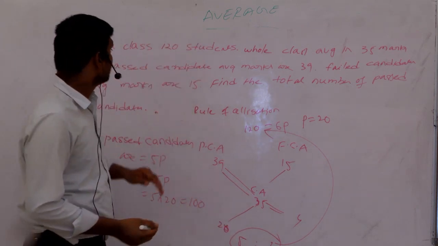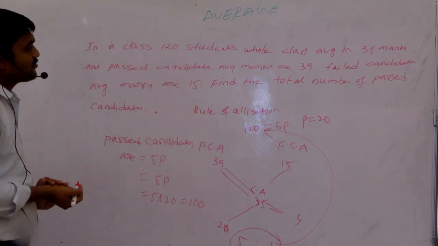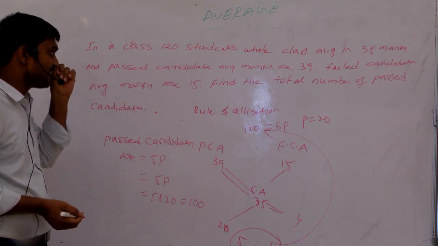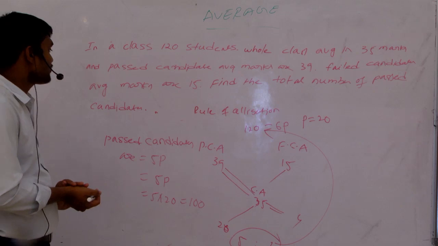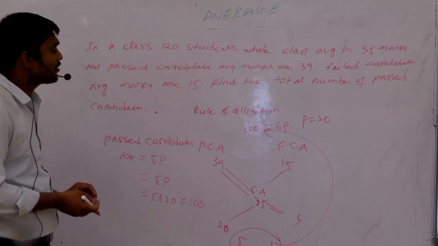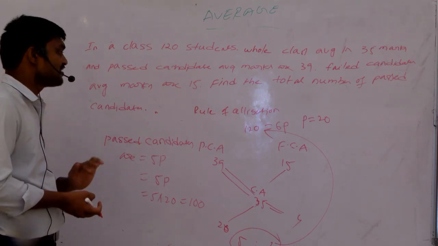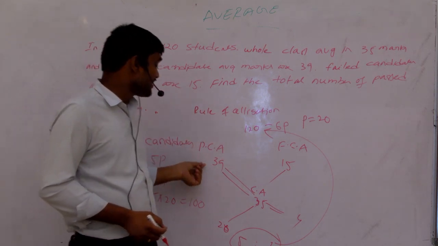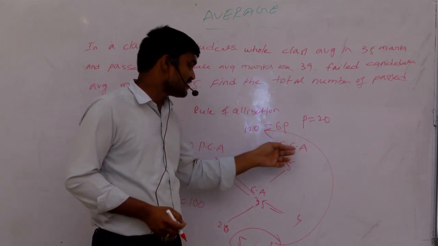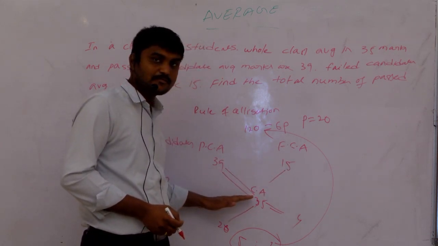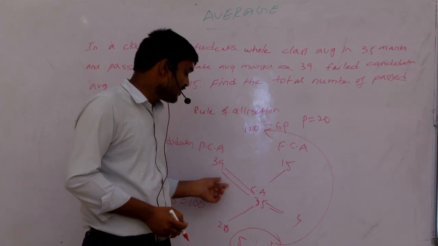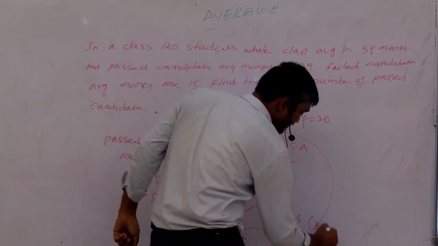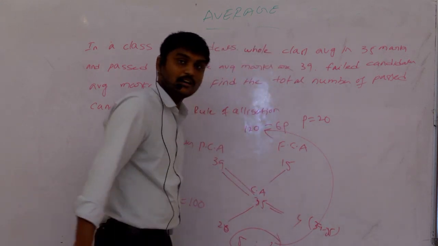So once again, in a class of 120 students, whole class average is 35 marks, passed candidates' average marks are 39, failed candidates' average marks are 15. Find the total number of passed candidates in the examination. Rule of elimination: passed candidates average here, failed candidates average here, class average here. 39 minus 35 is 4.